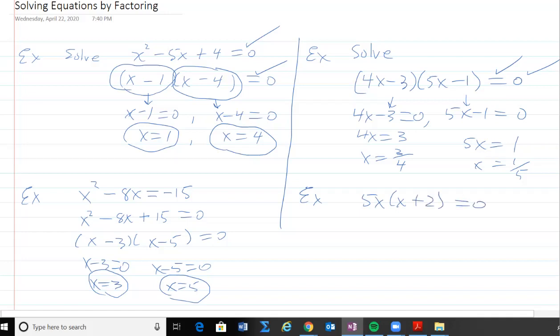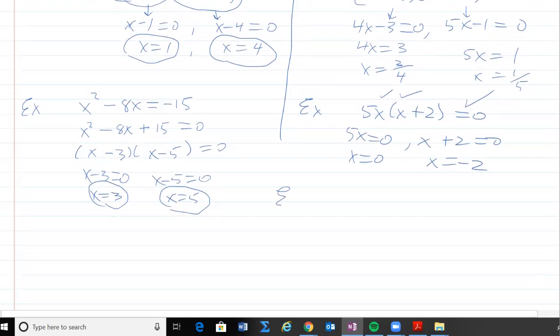So let's say you have something like that. You've got the 0 and you've got the factoring. It's all done. So all you've got to do is take the factors, set them to 0, and solve each one. So this one gives me 0, and this one gives me -2. There's my solution.